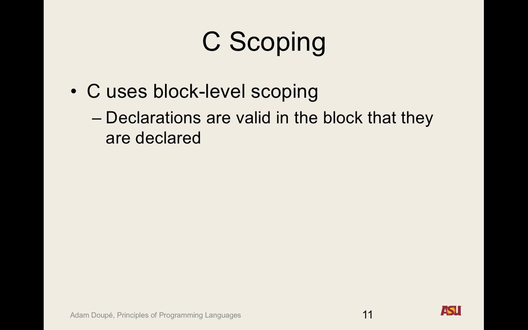So yes, it is valid in the file that it's declared in. That's part of what global is. If it's not declared in a block, it's going to be valid from that declaration till the end of the file. But also, it can be included by other files, and other programs can access that function or that variable.